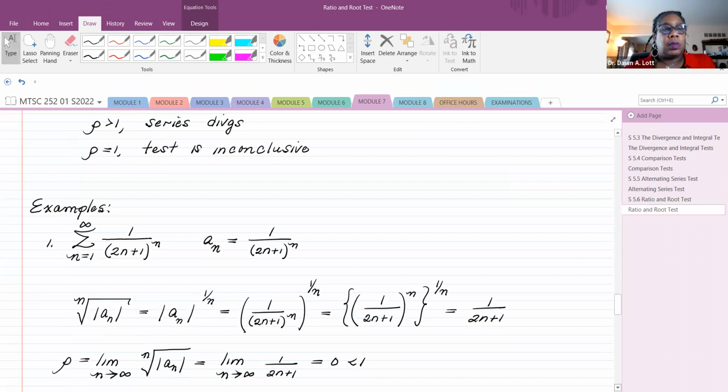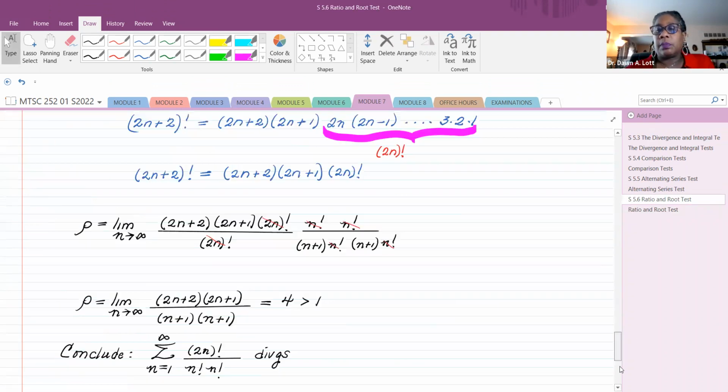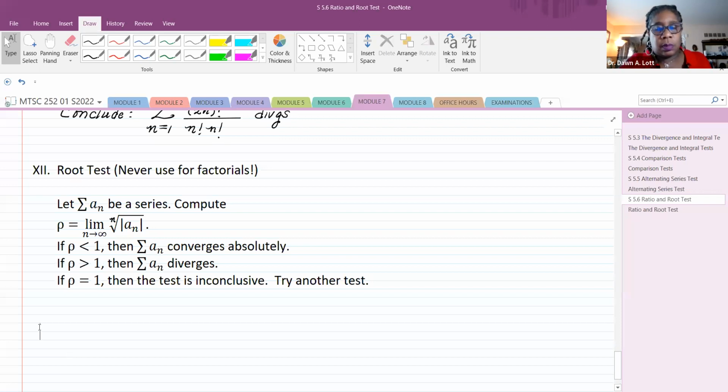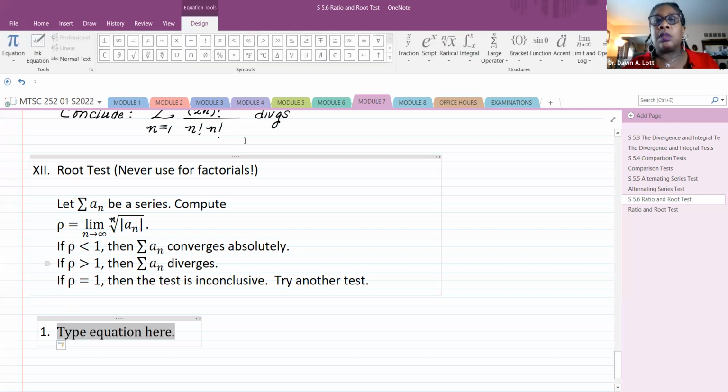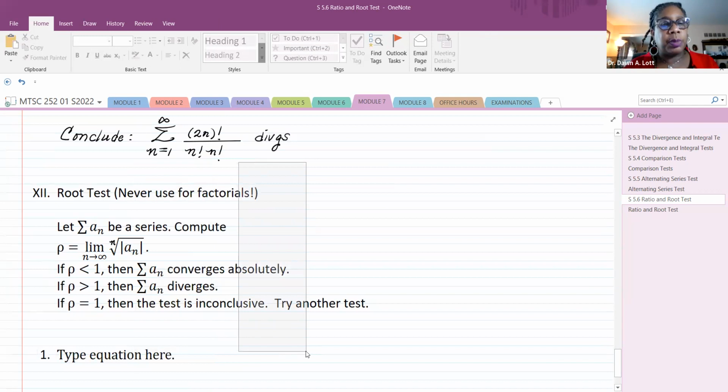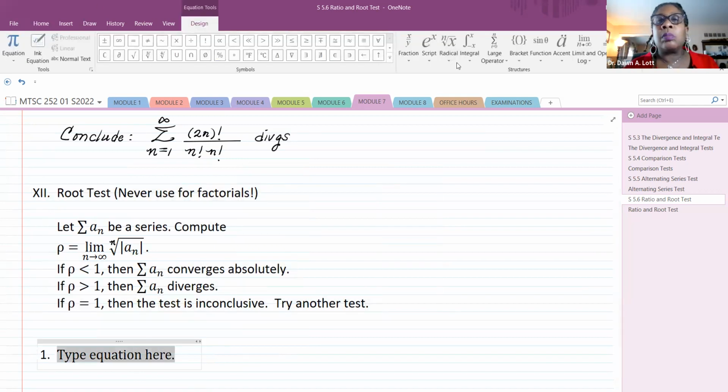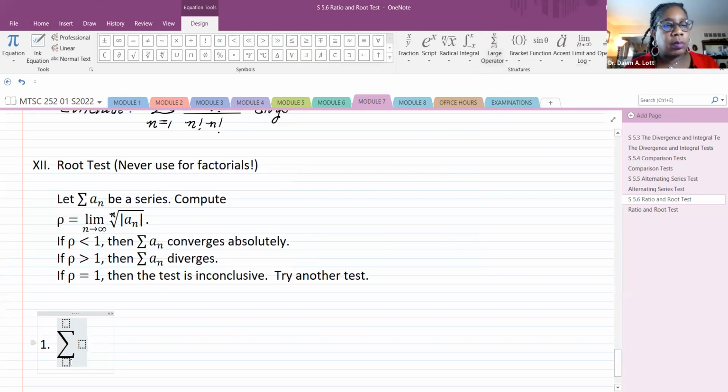All right, so here is a nice quick, easy one: the summation from n equals 1 of (1 over 2n plus 1) to the n, over n plus 1.